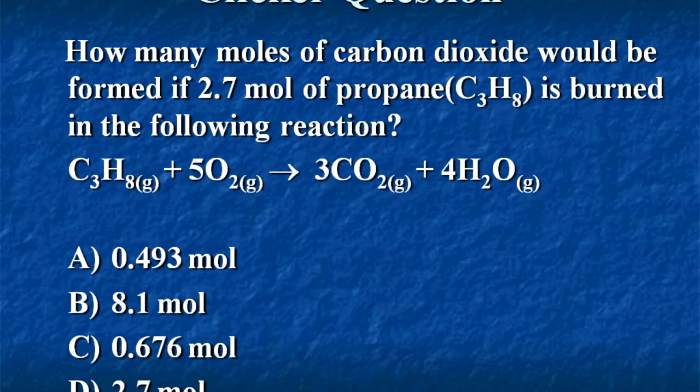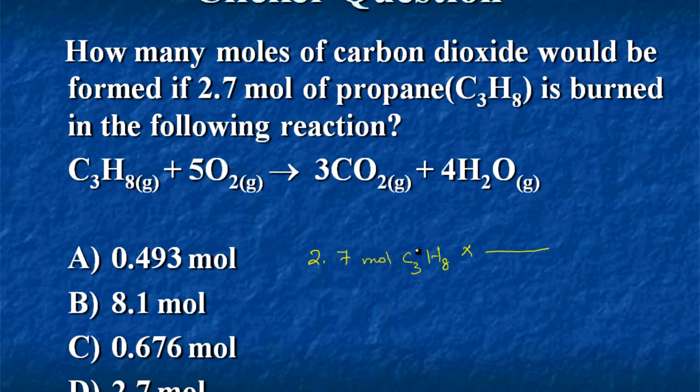Okay. How would we do this problem? What are we given? We are given 2.7 mole of C3H8. We need to multiply that by a mole ratio. What is the mole ratio we need to use? 3 moles CO2.